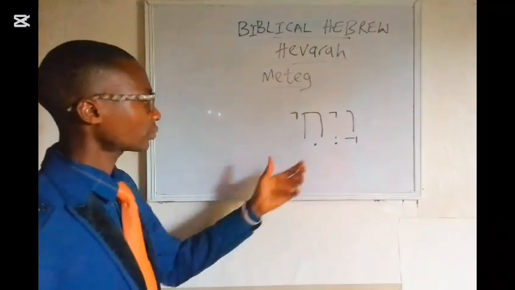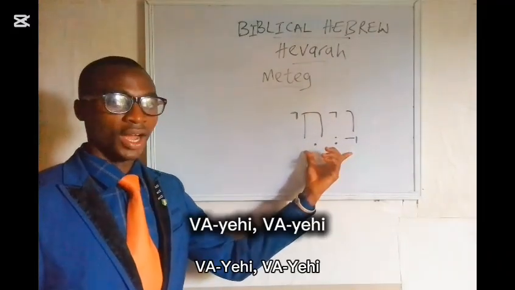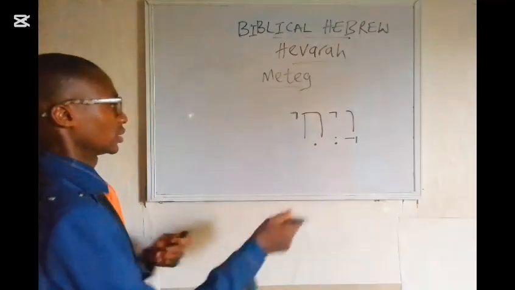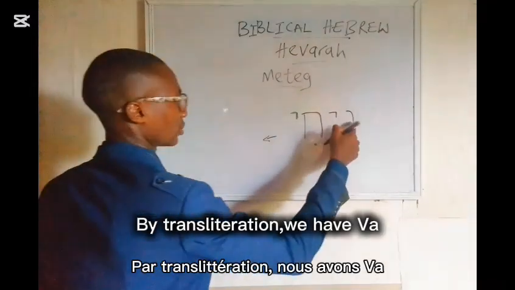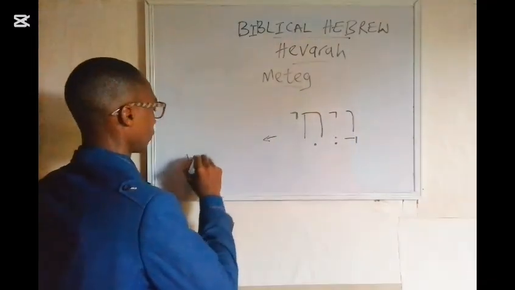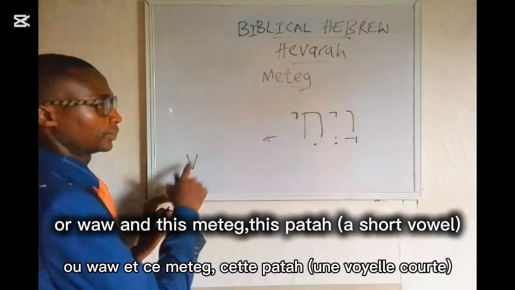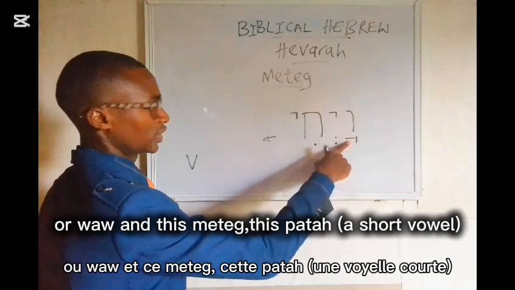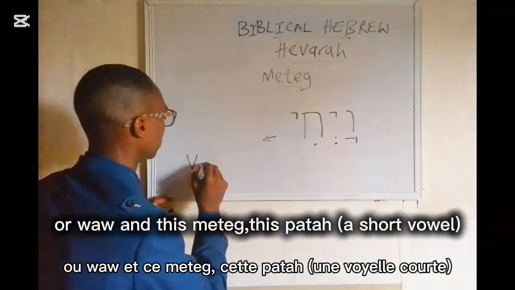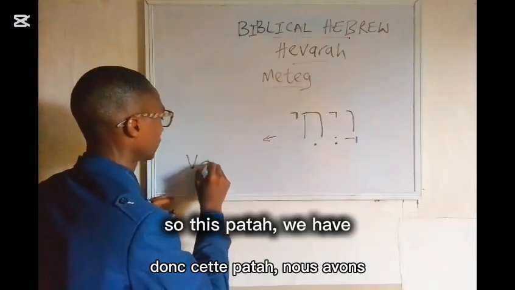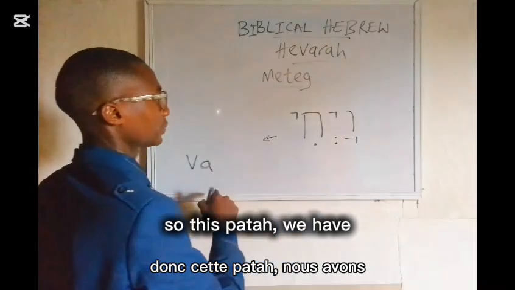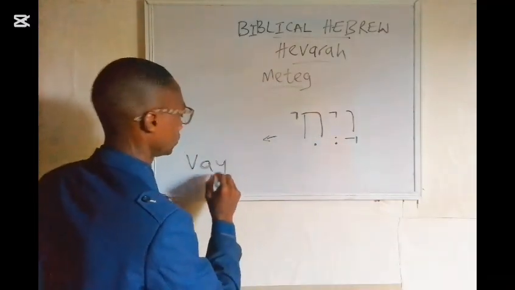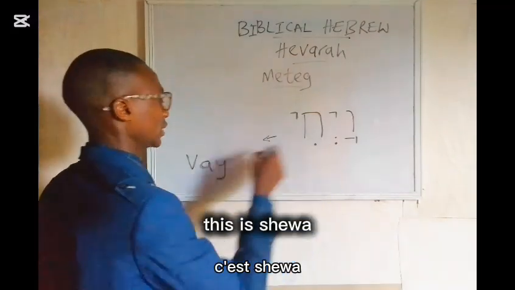Now we have wayehi, wayehi. Let's translate. We have this verb, wa. Then this meteg, this patah, a short vowel. So this patah, we have yod, this is a wa.